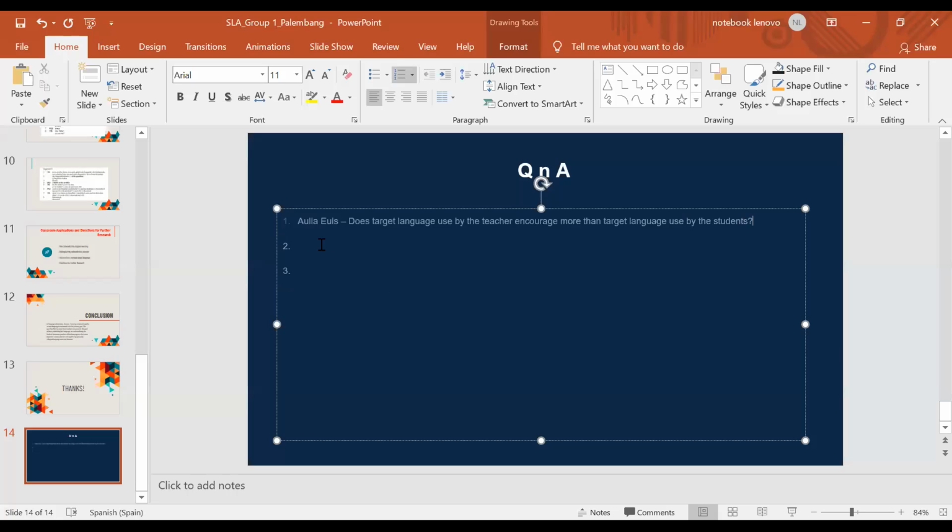The teacher's choice of language in the classroom had an impact on the students, since teacher target language use encourages more than student target language use in the classroom, and it is important to start the lesson in the target language to encourage more target language use by the students. Both the teachers and the students thought that the target language was important during language teaching.